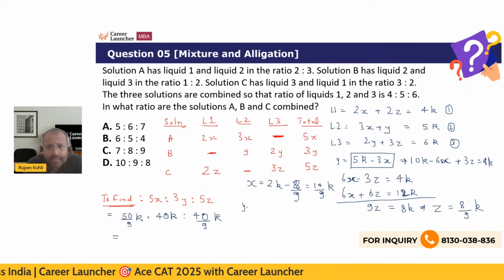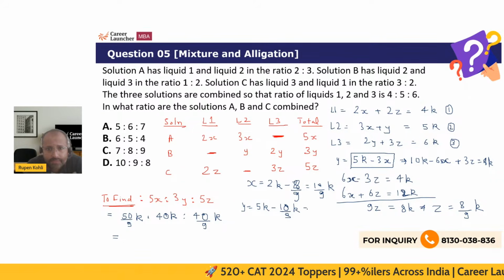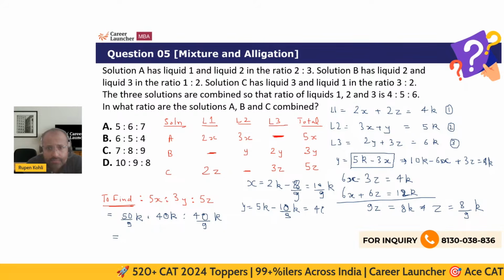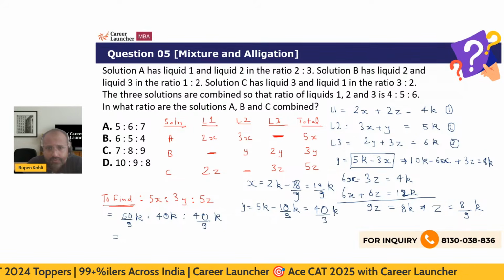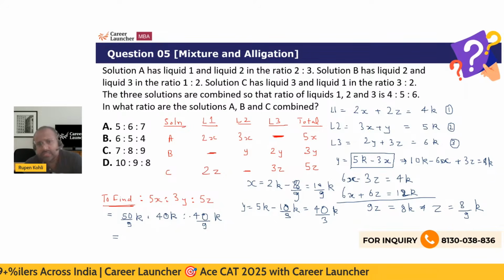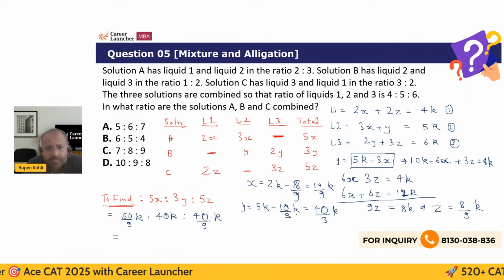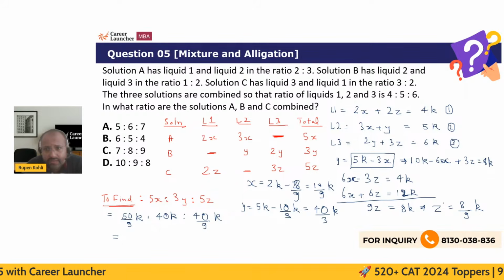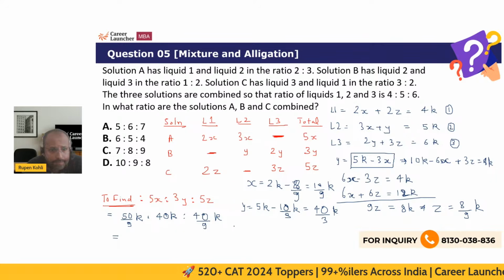And y is 5k minus 3x. So 3x is 10 by 3k. So this is 50 minus 10. This is 40 by 3k, right? And therefore, our 5x is 50 by 9k. 3y is 40k. 5z is 40 by 9k, right?